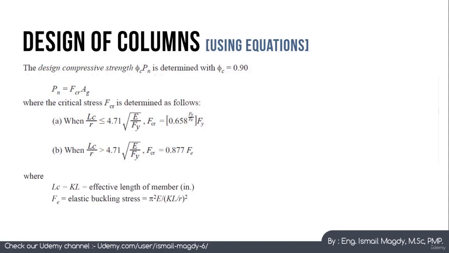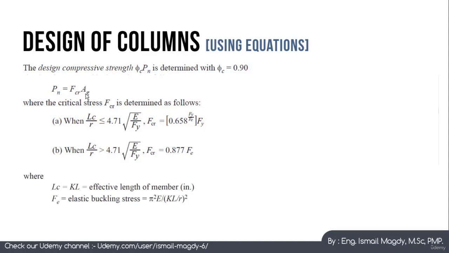First, we will start with the method of equations. As we have learned, the design of steel columns is mainly governed by the buckling of the column. The steel column will always buckle before it fails due to excessive stresses. That's why the formula for the design compressive strength of steel columns is phi Pn, where phi equals 0.9 for steel elements, and Pn equals F critical multiplied by Ag.